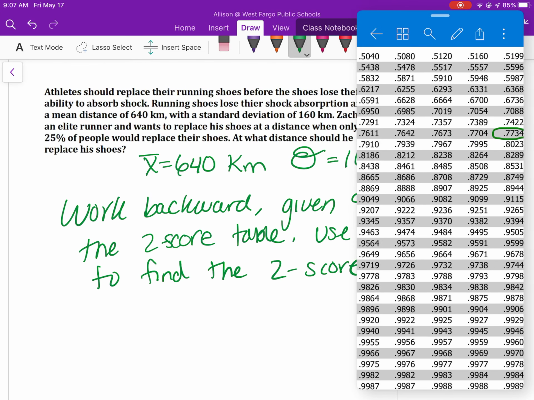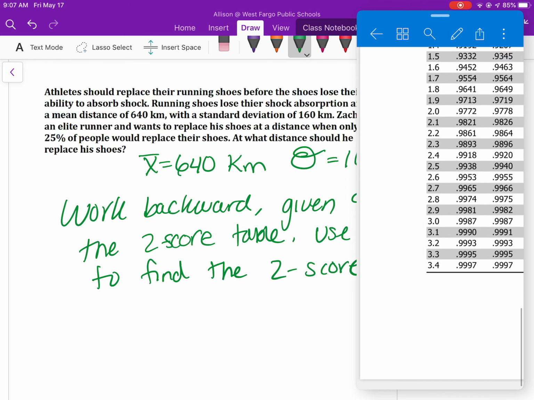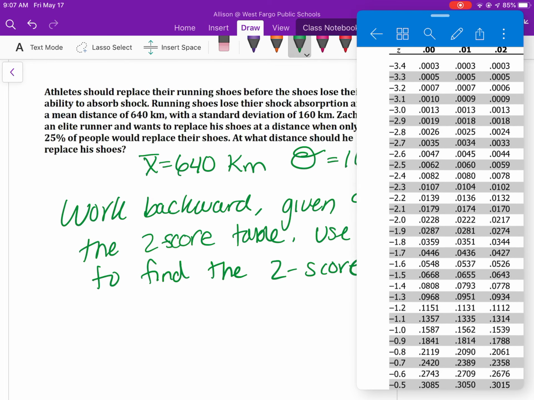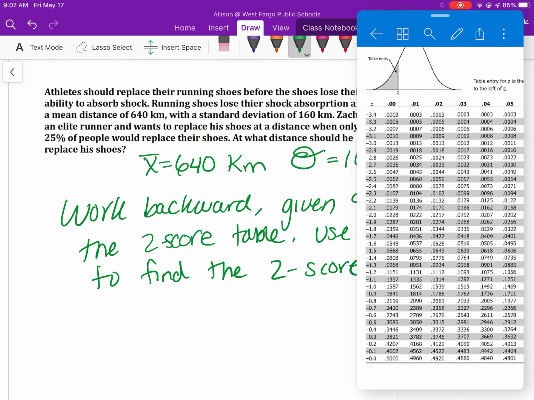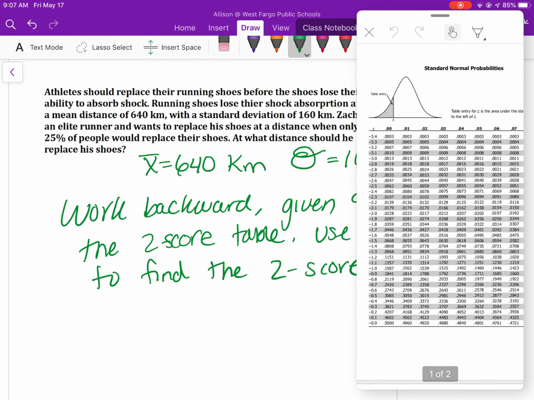So I'm going to look in the table, and 25% is to the left of the average because 50% is in the middle. So I'm going to want a negative z-score. 25% is going to be to the left. So I'm going to look at the negative side of my z-score table and try to find where it equals 25%. So I zoom out a little bit, and you look around here towards the bottom, you're getting close to 25%.